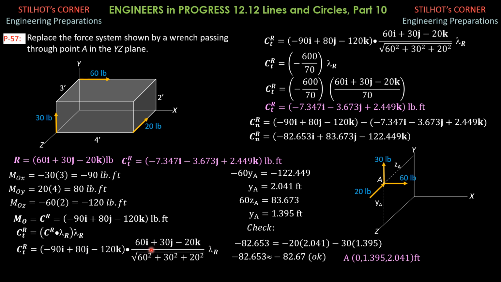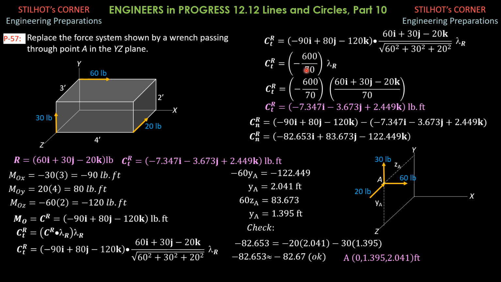So let's evaluate this first. Negative 90 times 60 plus 80 times 30 plus negative 120 times negative 20, and that is negative 600.